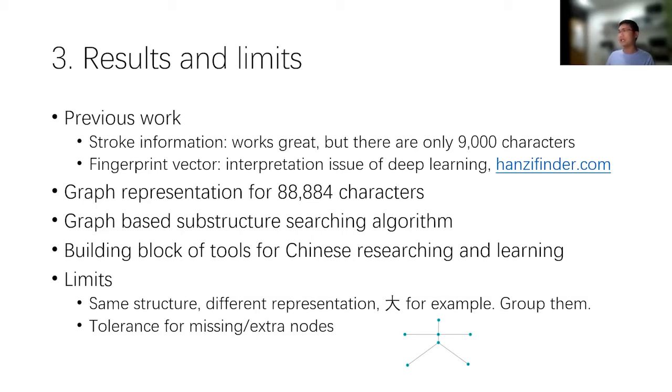We want to have a larger coverage for research purposes. So we have the second version, but it's a convolutional neural network, so it suffers from interpolation issues. We cannot explain what those 64 numbers mean, and it's not reliable.